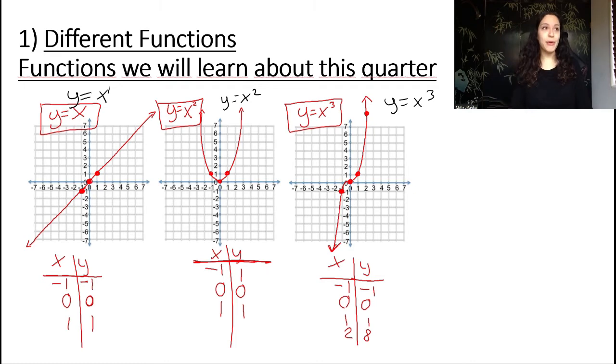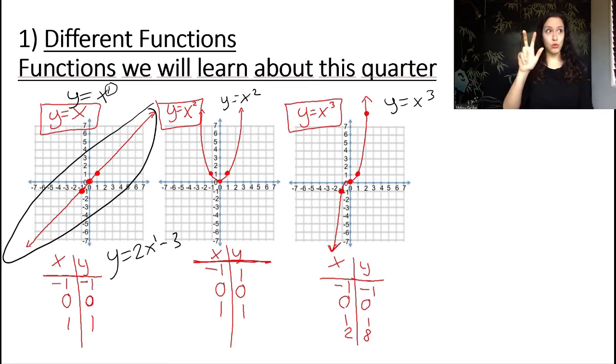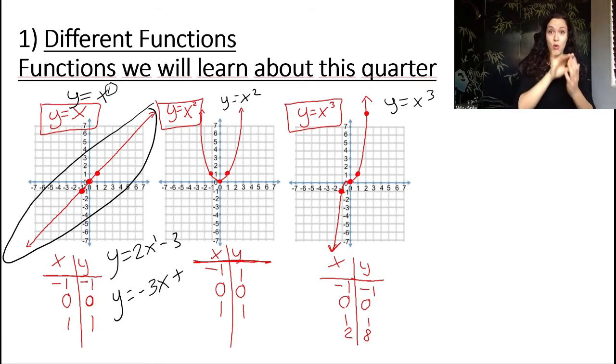Any equation that has y equals x to the first power is a line. For example, y equals 2x minus 3. This is still x to the first power. If I write y equals negative 3x plus 2, this is still to the first power. Whether or not I see a 1, it's still there.